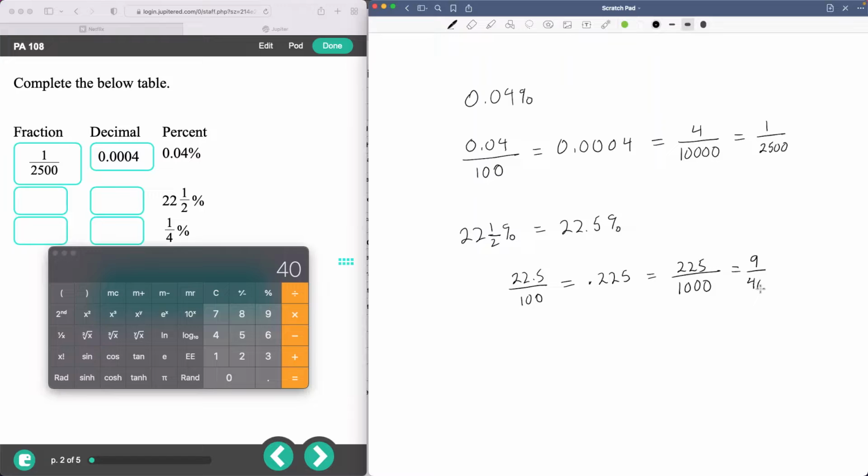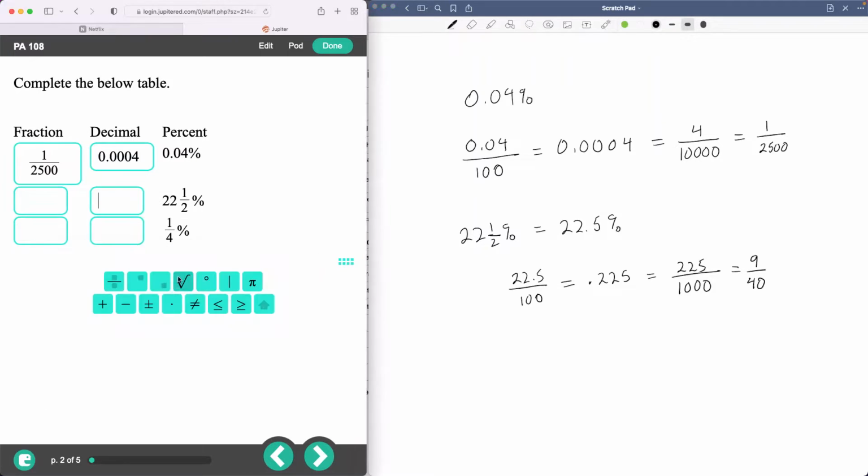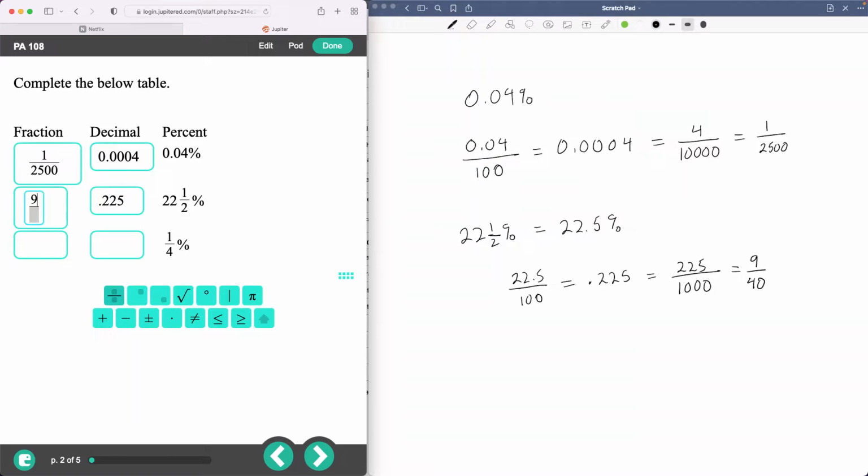So 9 over 40, we can't reduce this anymore because they don't have any factors in common, right? So we know that the decimal is going to be 0.225, and the fraction is going to be 9 over 40, okay?